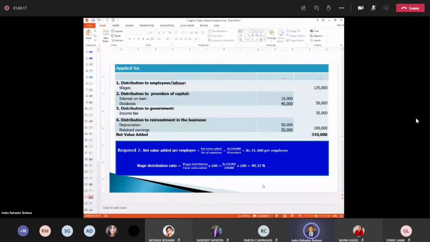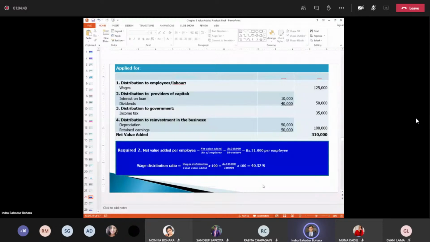What did this give you? Now in question 3 it is asked: explain the use of net value added statement for financial performance analysis, that is, why the value added statement is used. Value added statement is used for the performance measurement of the companies by classifying the amount of value added to the employees, capital providers and government.